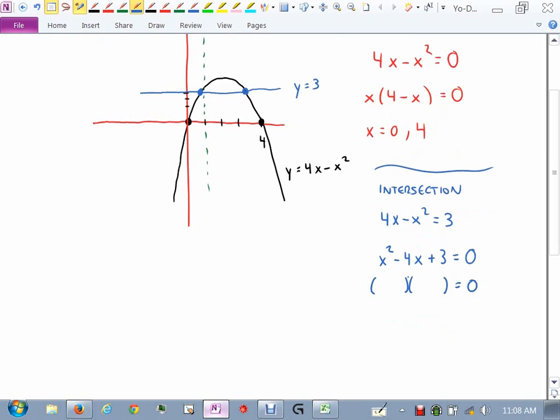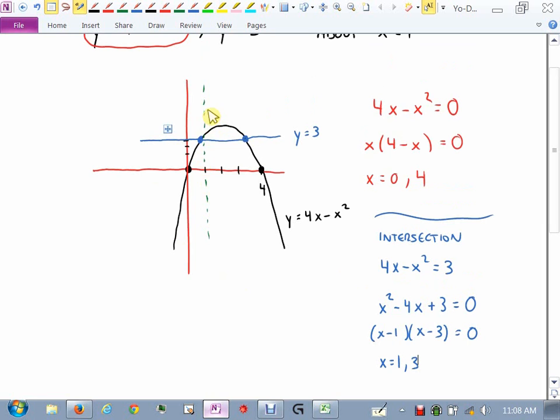I'm getting x minus 1 times x minus 3. Then set each of those factors equal to 0, and you get 1 and 3. So that axis of rotation, 1, is exactly where that point is, which is what I thought was going to happen by drawing it. But now we can be sure of that.